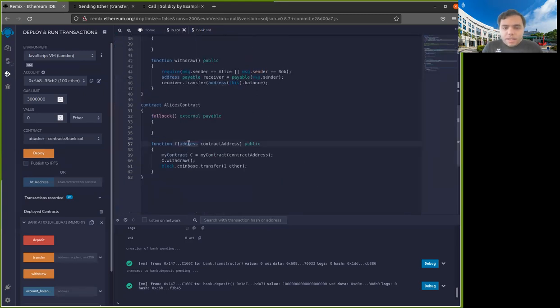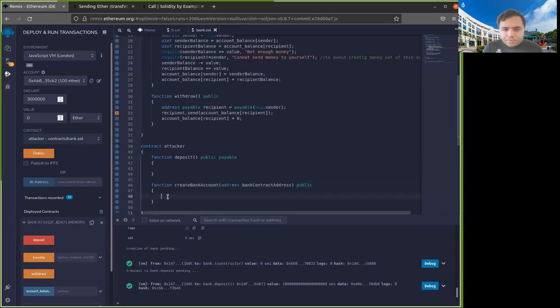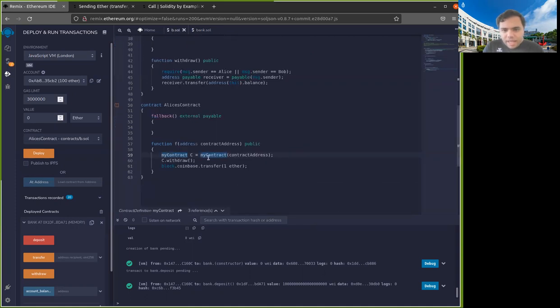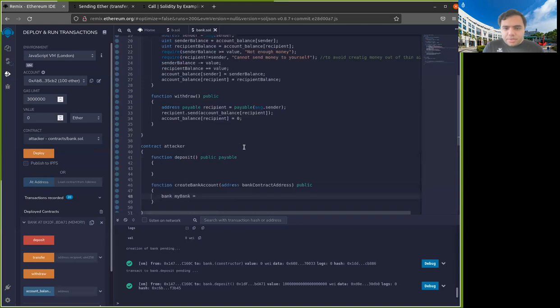And calling it is exactly as before. So I will have something like this. I have to write bank, let's call it my bank, is bank at that particular address. So it's a bank at this address that was given to me.